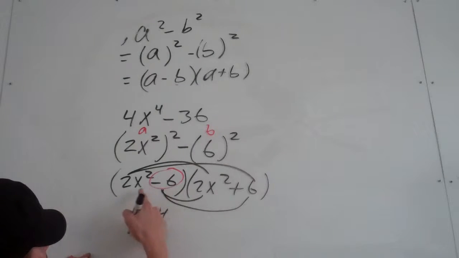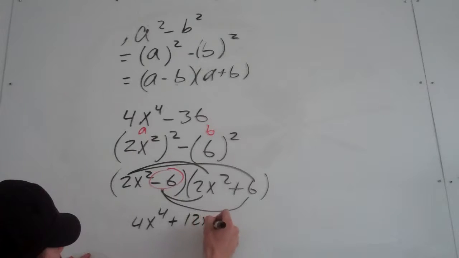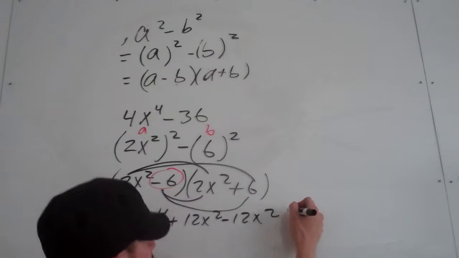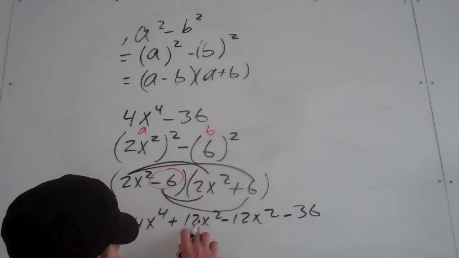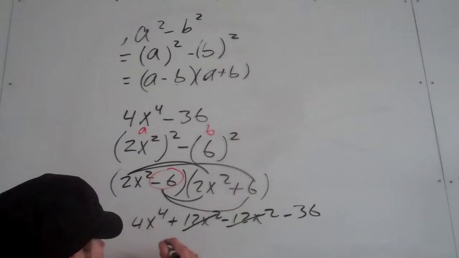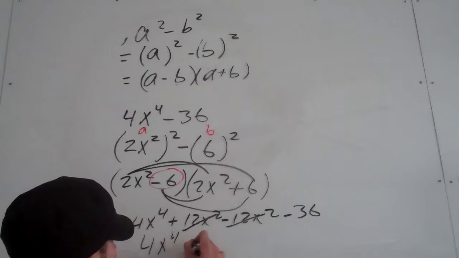I've got 2x squared times 6, which is plus 12x squared. I've got negative 6 times 2x squared, which is minus 12x squared. And I've got negative 6 times 6, which is negative 36. These two add together. This is the opposite of that. So these subtract, and we're left with a 0 there. And now we have 4x to the 4th power minus 36.